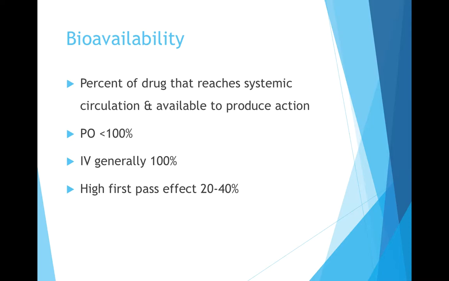Now, how does that affect how we dose patients? Well, of course, IV doses of medications are much lower, typically, than the same drug given in an oral form. Okay?